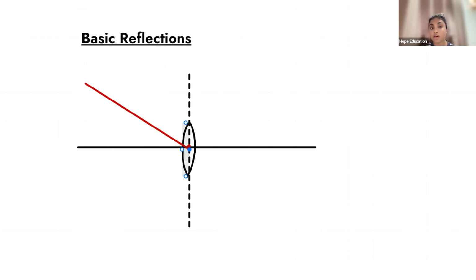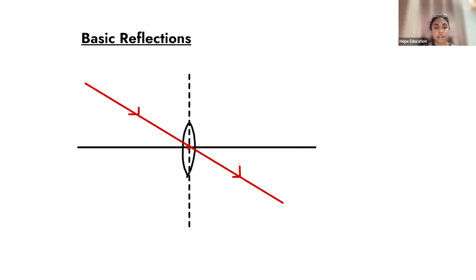It goes straight along the same path it came, like this. That's quite special because, as we have learned, if it's a transparent medium, the light ray has to bend during refraction. However, if the light ray is going through the optical center, the light ray will not bend. It goes straight along the same path.